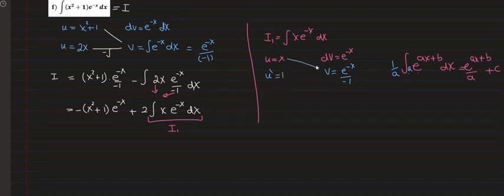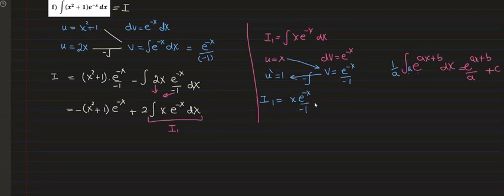We will set the integral as u times v minus the integration of v du. And this integration is going to be e to the power of negative x times 1. So we are left only with the integration of e to the power of negative x, which we can solve. So I1 is going to be equal to x times e to the power of negative x over -1.